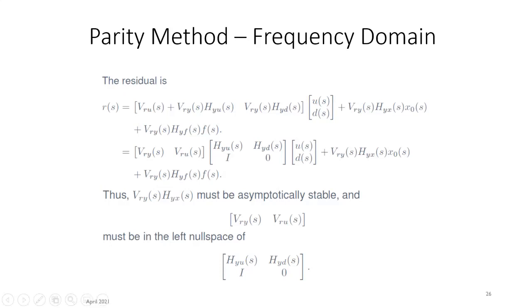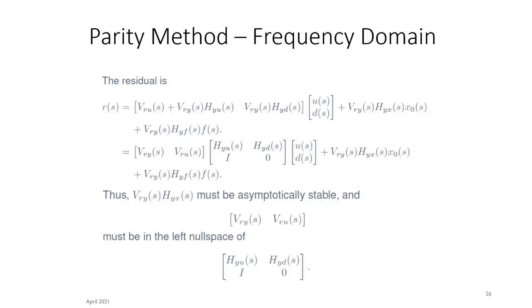So the initial value of the state has some effect on the output. Also, it has some effect on the residual. But the point is that if the system is stable, if this V_R,Y multiplied by H is stable, then the effect of x0 on y will be eliminated after a transient response. So it's having some effect, but it would be only a transient effect.